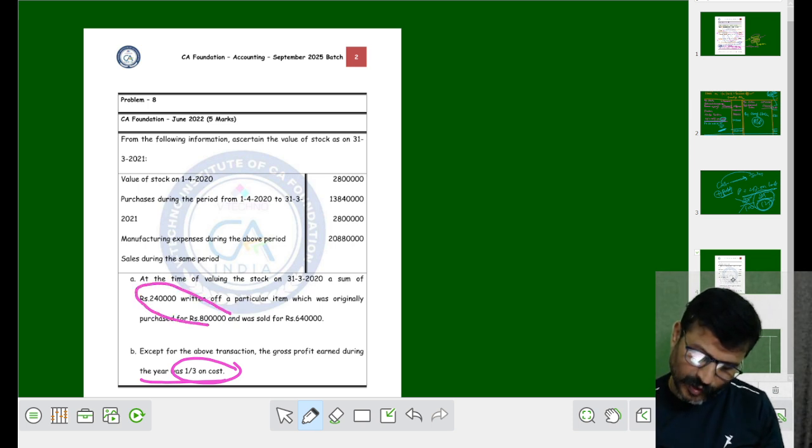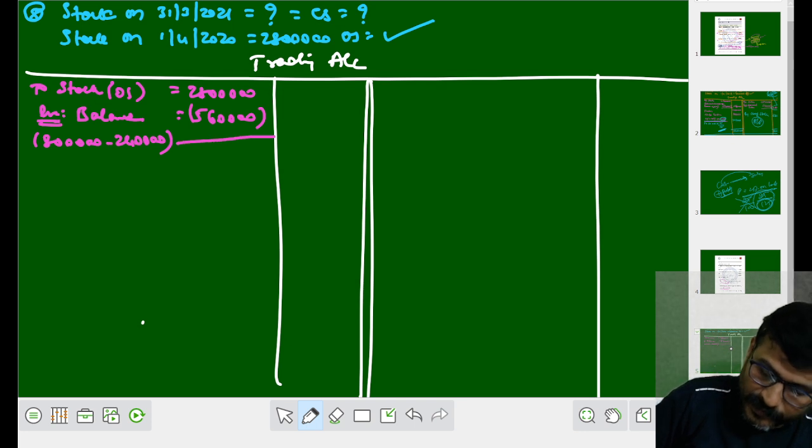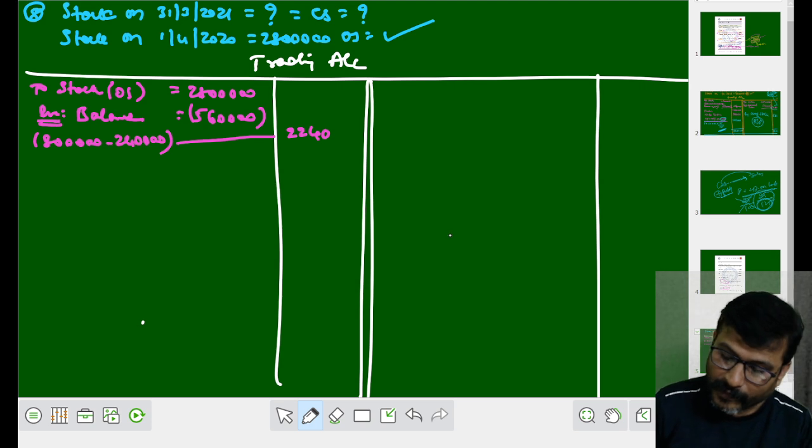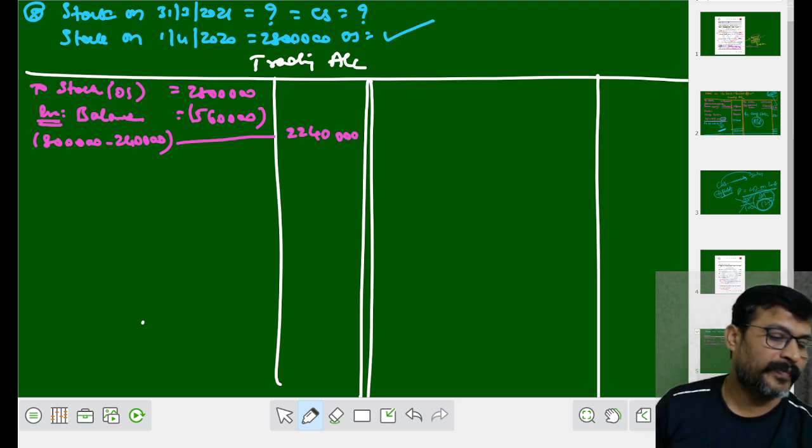Out of 8 lakh, 2,40,000 is gone. 8 lakh minus 2,40,000 already written off. Balance is what? We have to subtract 5,60,000. It comes to rupees 22,40,000. Am I right?